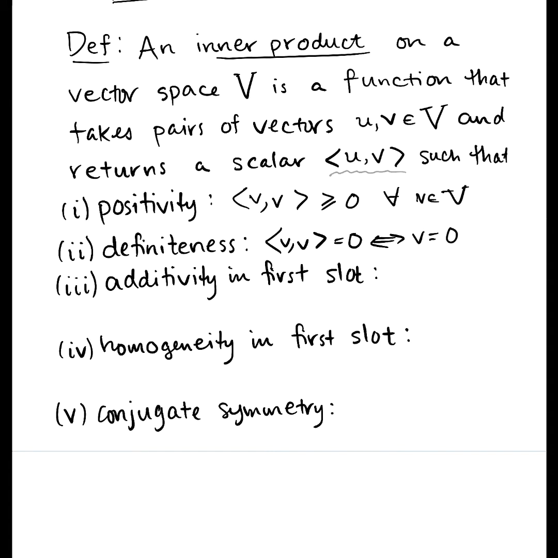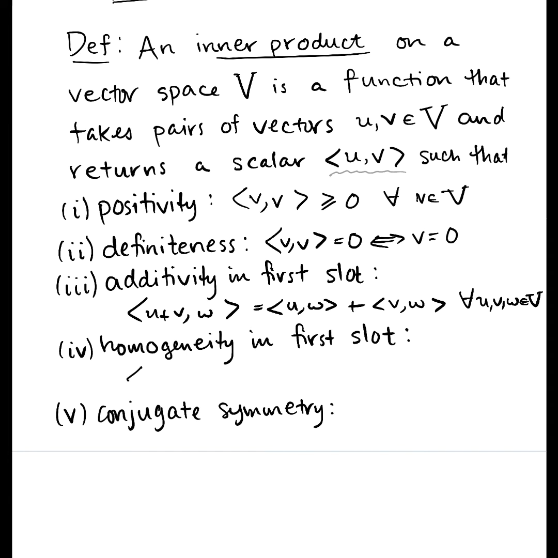The third property is called additivity in the first slot. That just means u plus v inner product with w is the same as u with w plus v with w, and that's for all u, v, and w in V. Homogeneity in the first slot just means you can factor things out.